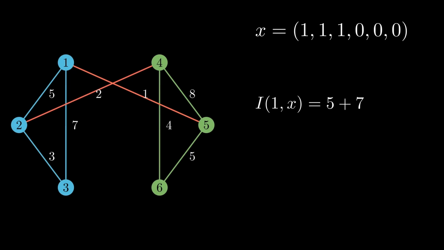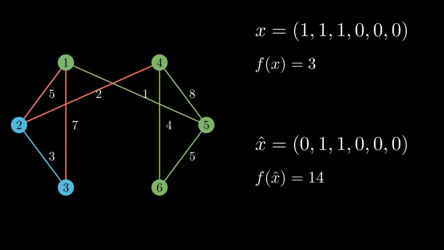Then, we need to subtract the weight 1, since it is connected to vertex 5 from the other set. Therefore, the impact factor of vertex 1 is 11. Notice that if we were to move vertex 1 to the other set, the change in the evaluation function would be 11.